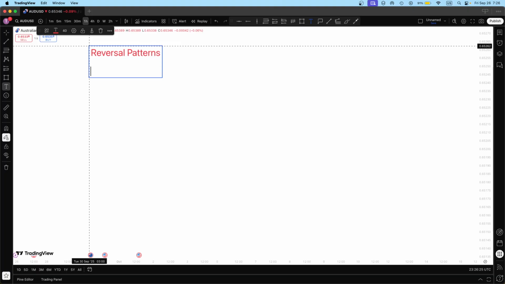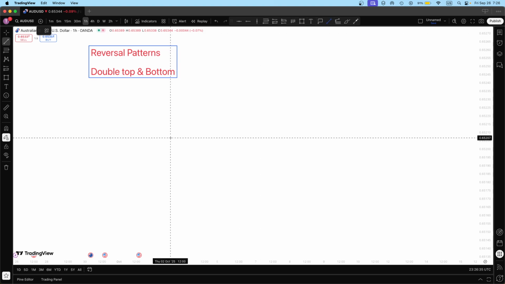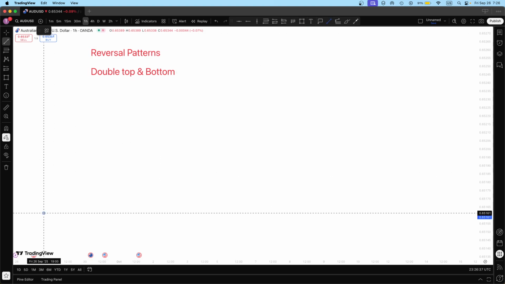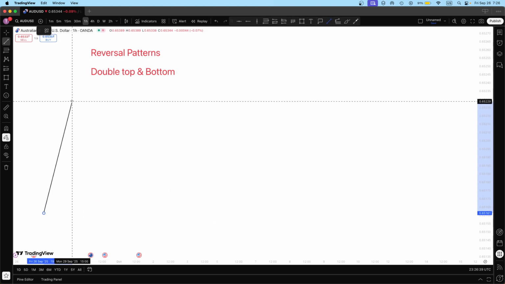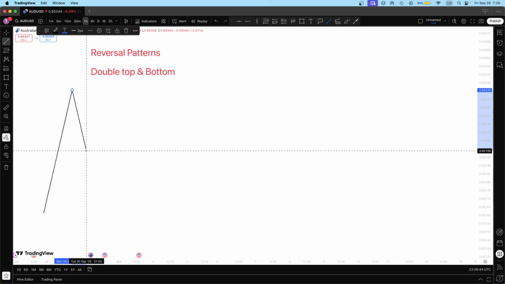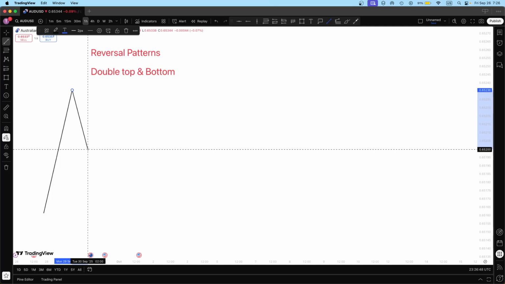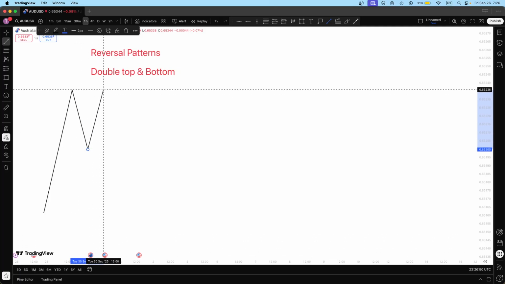So we have double top and bottom. A double top is simple, it's like an M. Market is impulsive, tries to break one point, fails, and this fail has to be quite significant too, and then tries again.